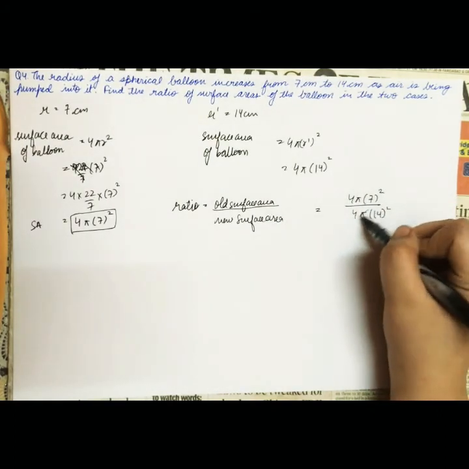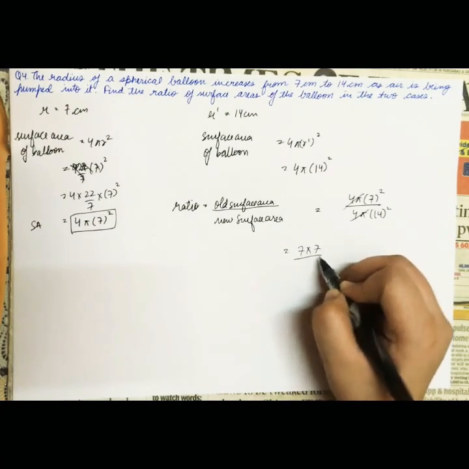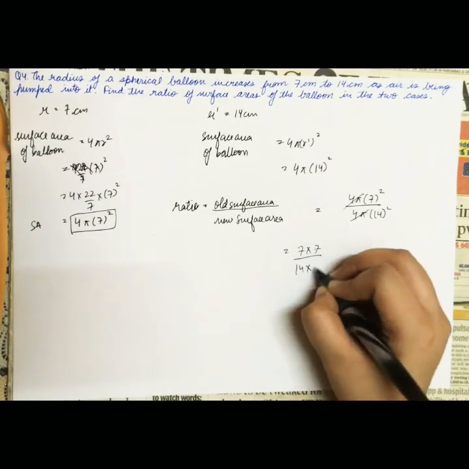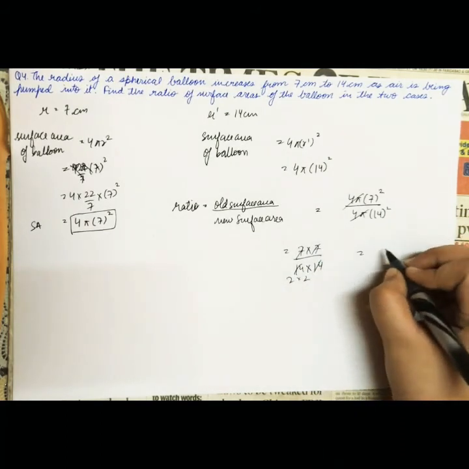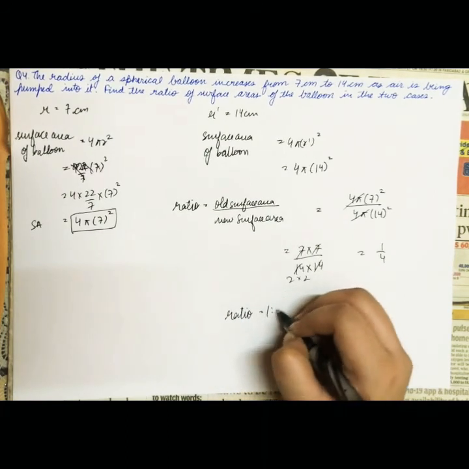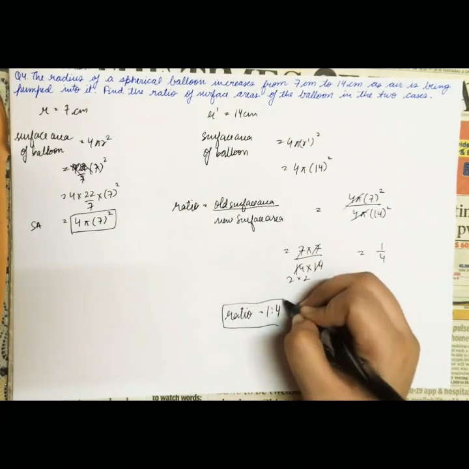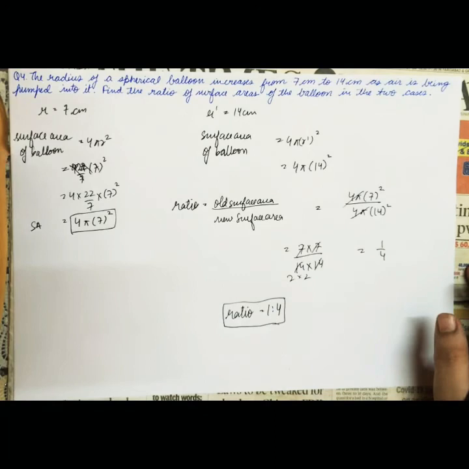So we can see that these two will get cancelled, and now 7 into 7 upon 14 into 14. You can cut this and it will become 1 by 4. Therefore the ratio will be 1:4. For the ratio of surface area of the balloon in the two cases will be 1:4.